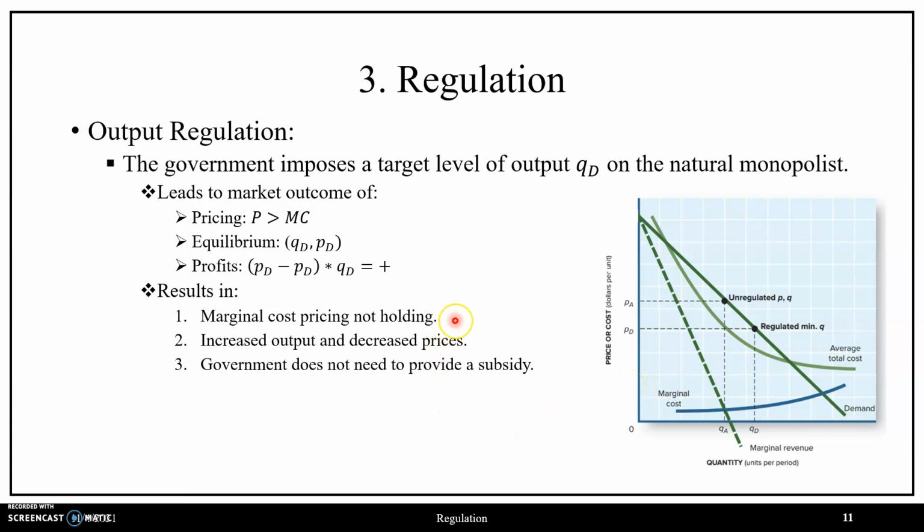So overall, marginal cost pricing does not hold, with an increased amount of output and decreased price point, but not to the level of the perfectly competitive case, and since a loss is not being generated, the government does not need to provide a subsidy.